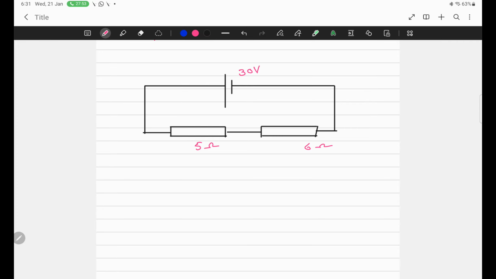Now you have to divide this voltage of 30 volt between 5 ohm and 6 ohm. My question is, what will be the voltage across 5 ohm? What will be the voltage across 6 ohm? This is R1, this is R2. So what formula have I taught you?